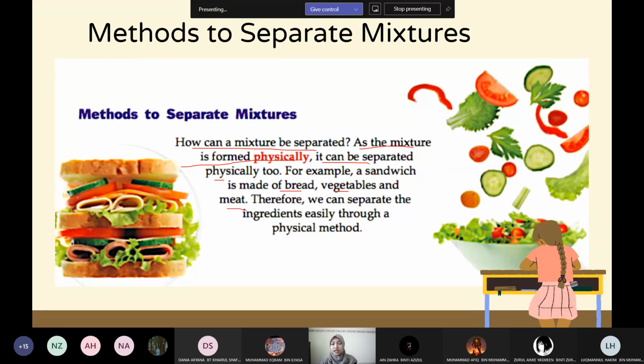Cheese lah, semua ada kat sini kan. So we can separate all of these ingredients easily through a physical method. It means that we can take out all the ingredients by using our hand, take one by one. So this is the basic idea to separate a mixture.